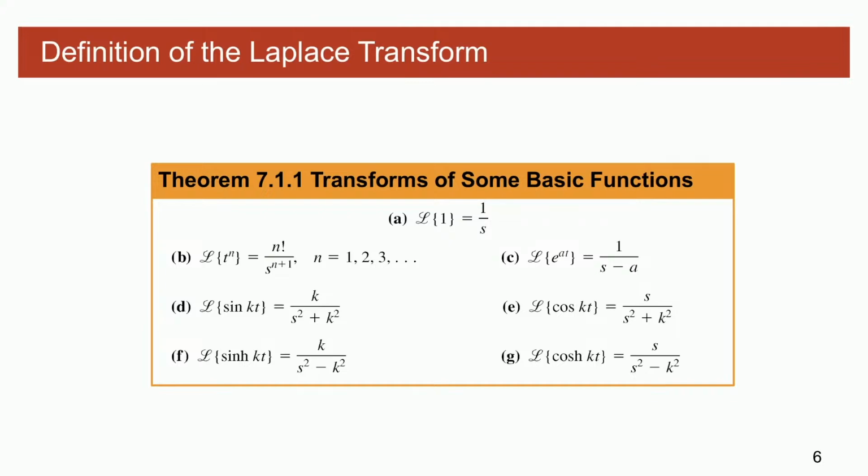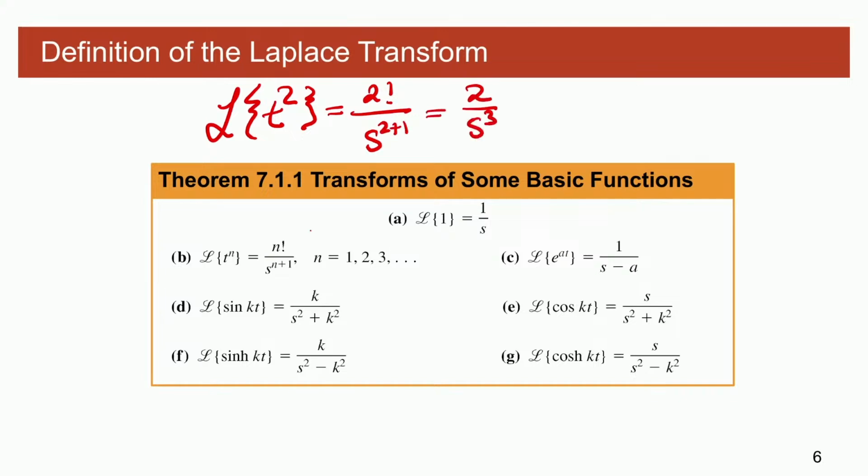It says the Laplace transform of t to the n is n factorial over s to the n plus 1. So the Laplace transform of t squared is 2 factorial over s to the 2 plus 1, which is 2 over s cubed. That is exactly what we just computed with that long, terrible calculation, and here it's done for us.